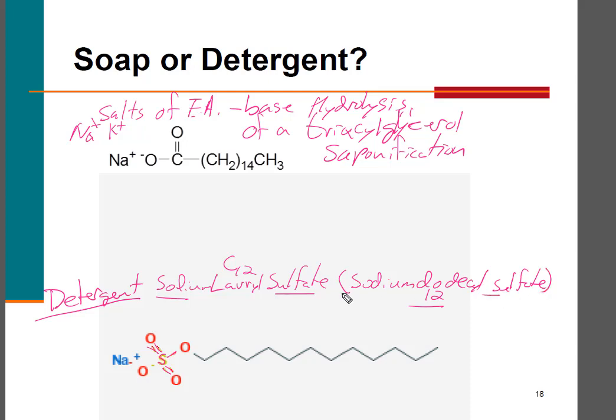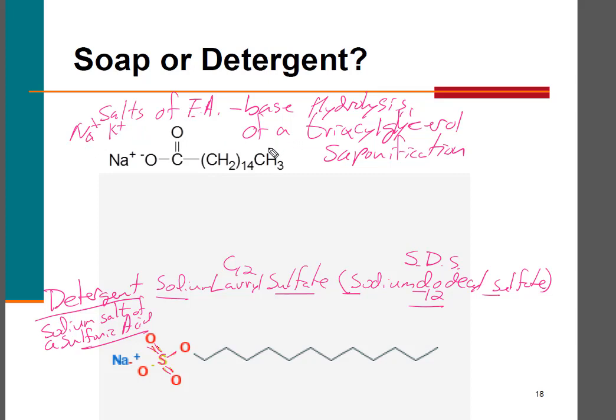This is usually abbreviated SDS, so SDS for sodium dodecyl sulfate. It's the same thing as sodium lauryl sulfate, and you find these in detergents. So detergents are a sodium salt of a sulfonic acid. Soaps are sodium salts of fatty acids.